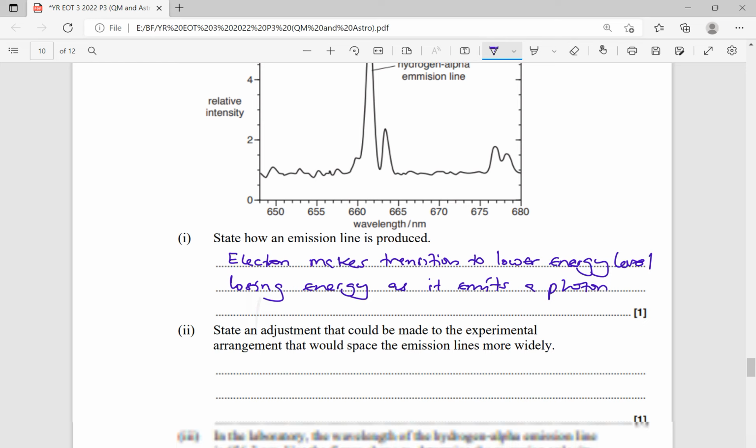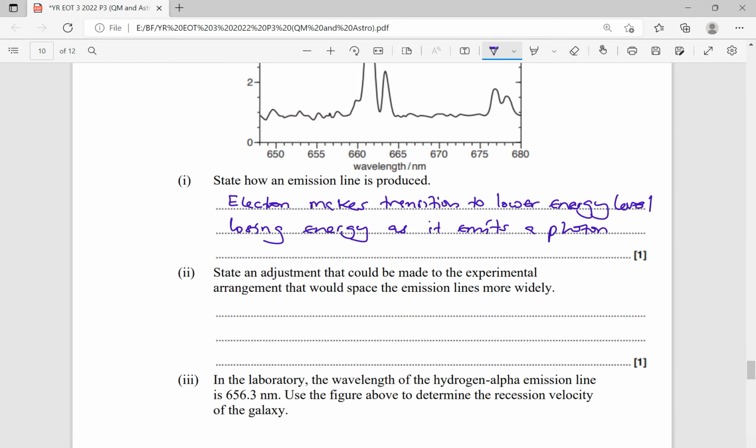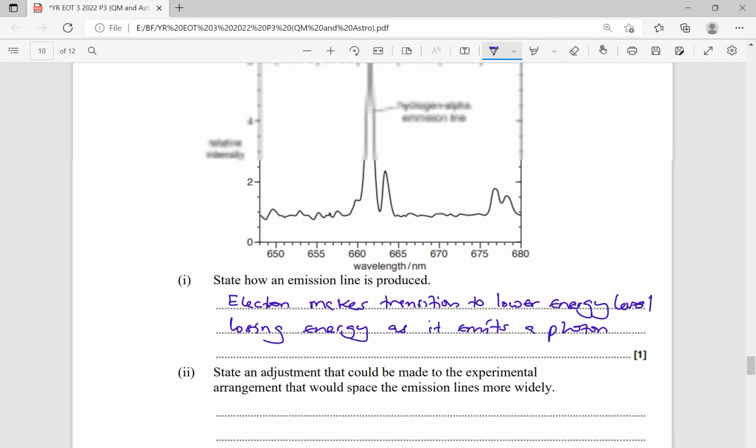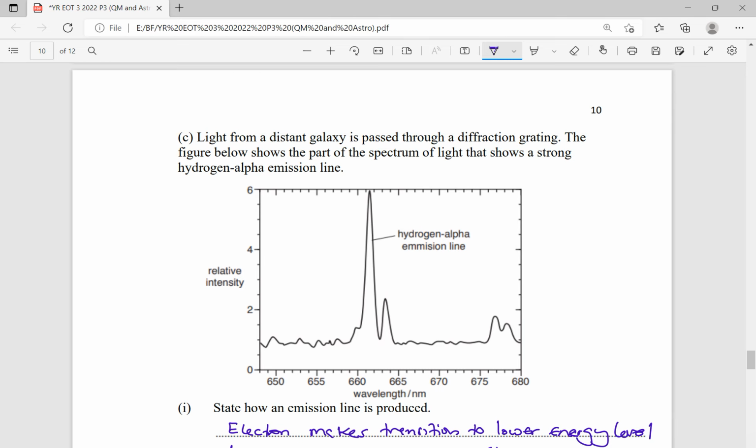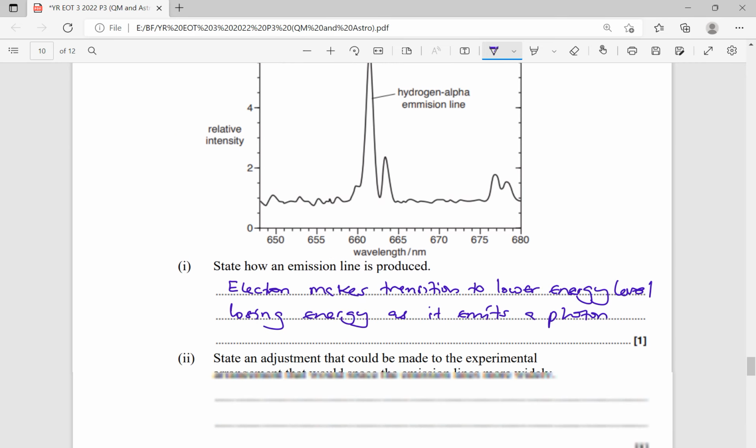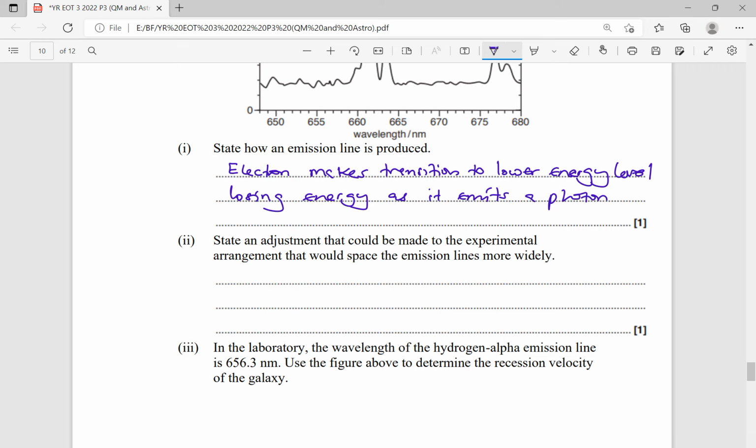Then state an adjustment that could be made to the experimental arrangement that would space the emission lines more widely. Remember, this is going through a diffraction grating. We know for a diffraction grating that d sine theta is equal to n lambda.